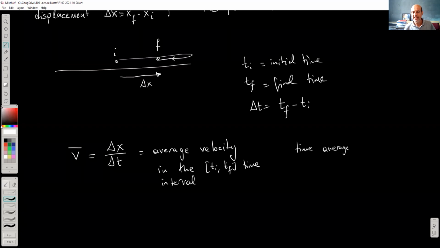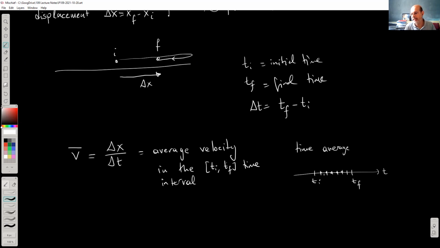If this is the time axis, right? That's the initial time, that's the final time. If I divide this time axis into small intervals, each with equal length, so I basically just choose some points in time in here, which are equally spaced, let's say.